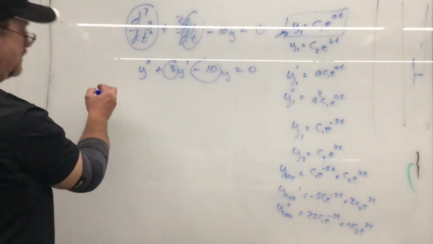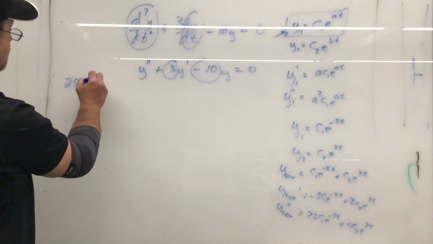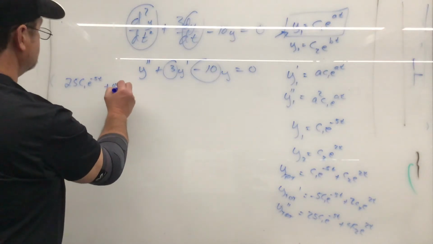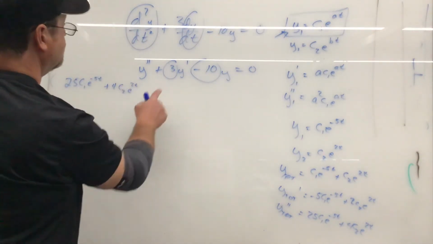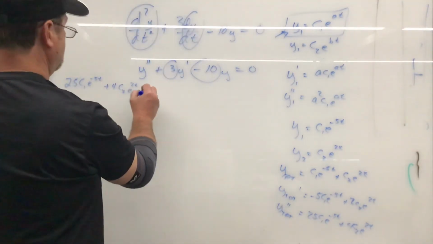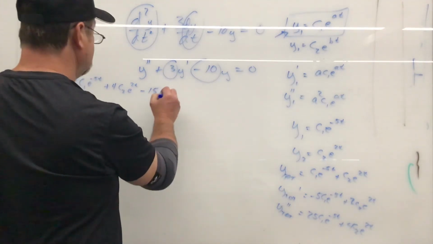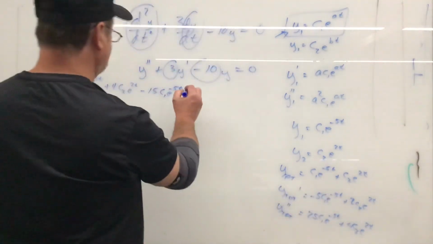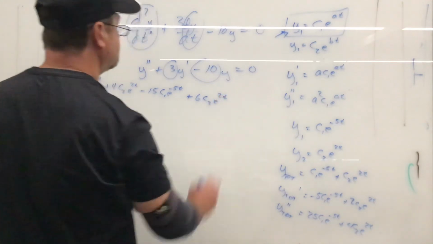I plug in here and I get a whole bunch of stuff. So I'm going to start way over here: 25 c1 e to the minus 5t plus 4 c2 e to the 2t. For 3 times y prime, I get minus 15 c1 e to the minus 5t, and plus 6 c2 e to the 2t.